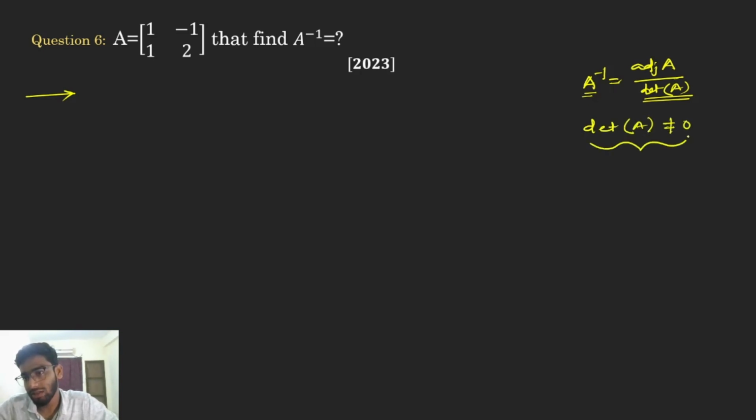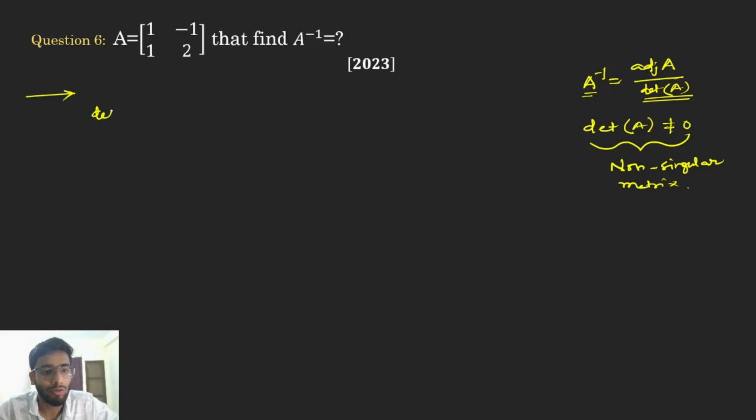That means the matrix A should be a non-singular matrix. So to calculate A inverse, we should always first check its determinant, whether its inverse exists or not.